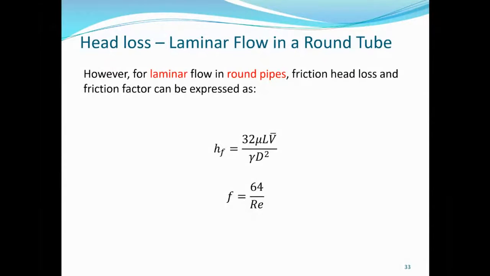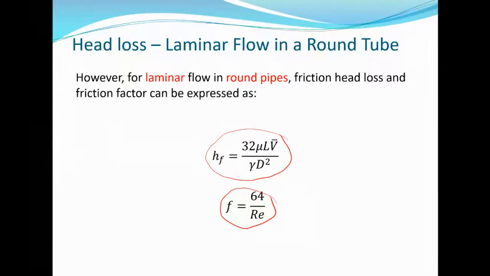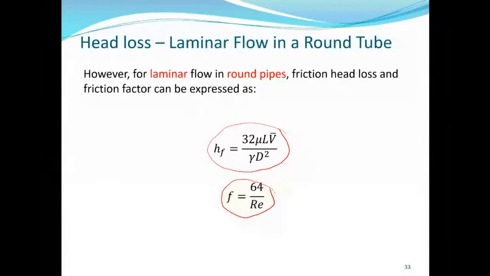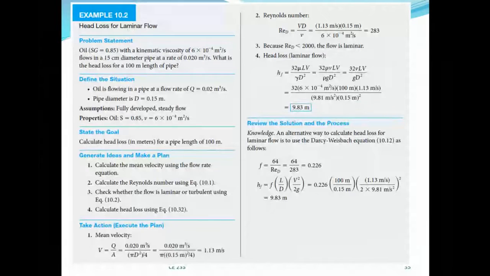So this is it. This is frictional head loss in laminar flow, and the friction factor is 64 over Re.